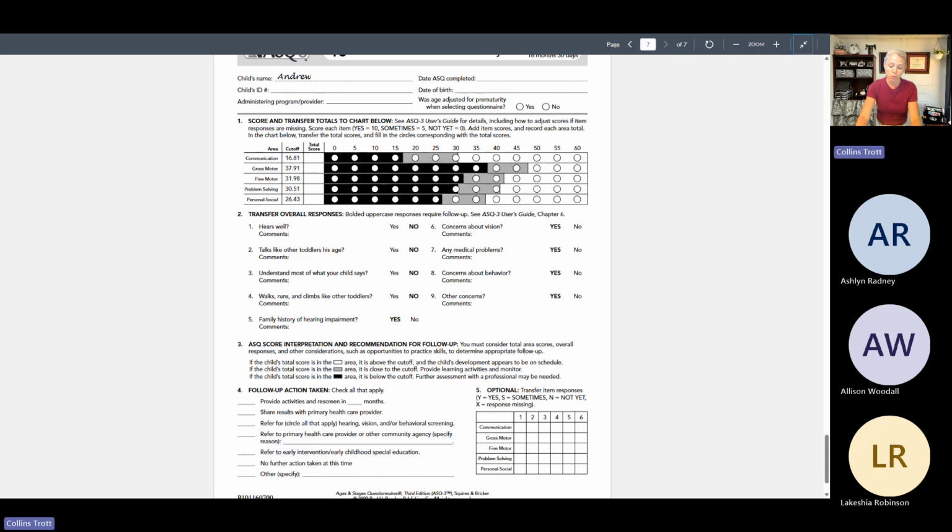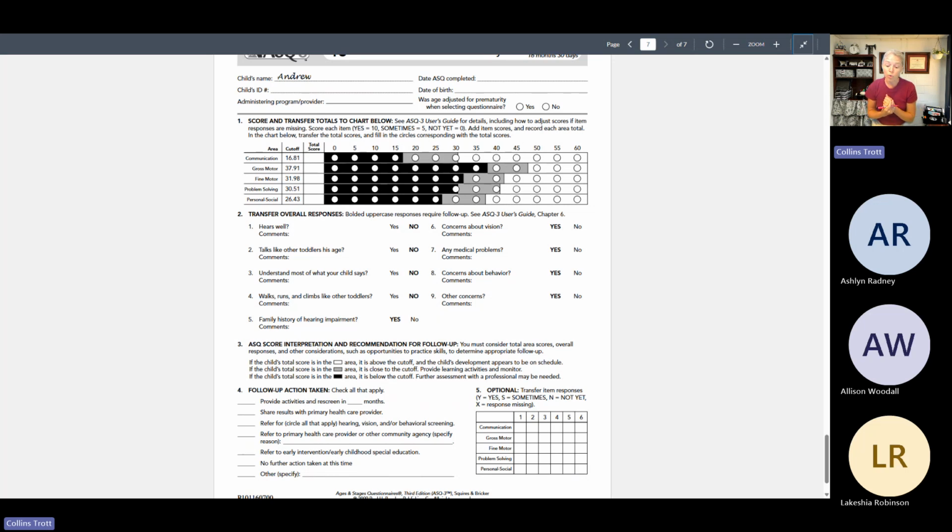Personal social is 1. What's the other? Right, the other is gross motor. So those 2 areas, this child, Andrew, is developing as he should.